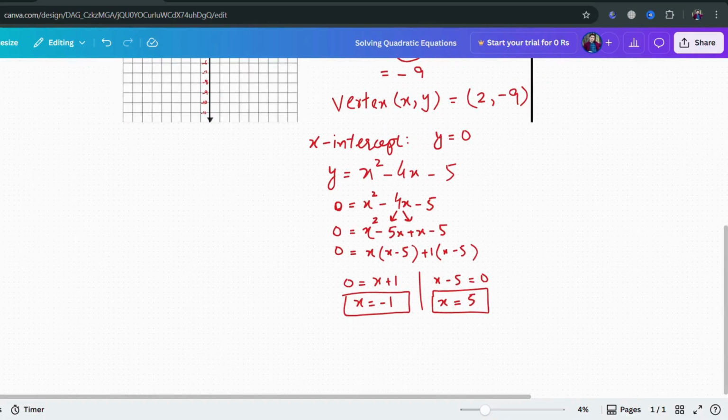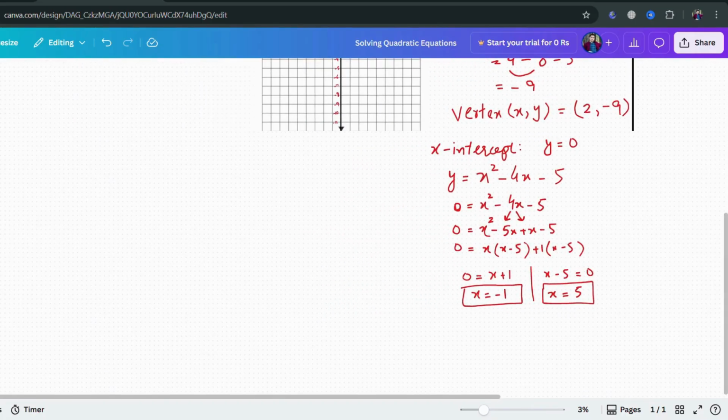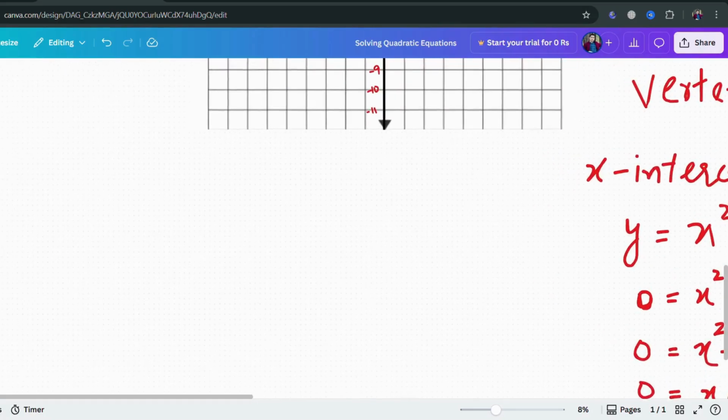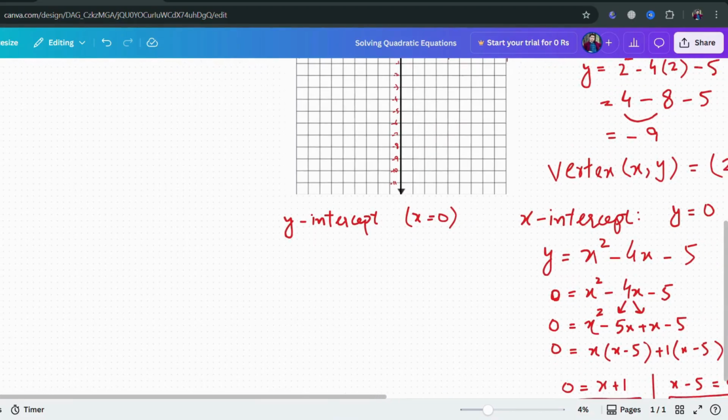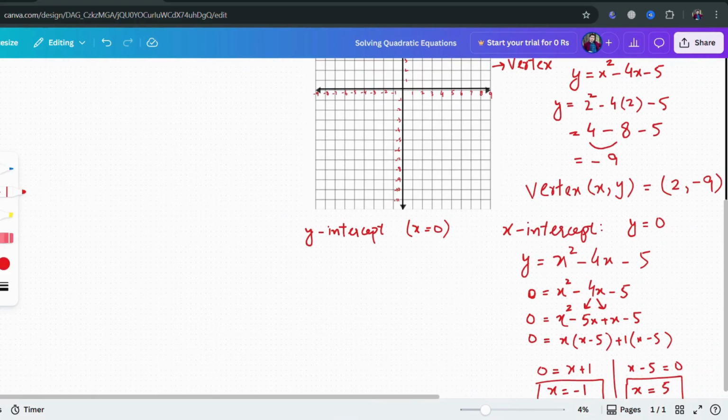Now I will be finding the y-intercept real quick. For the y-intercept, x will be equivalent to 0, right? Let me write down the equation one more time, which is y equals x squared minus 4x minus 5.